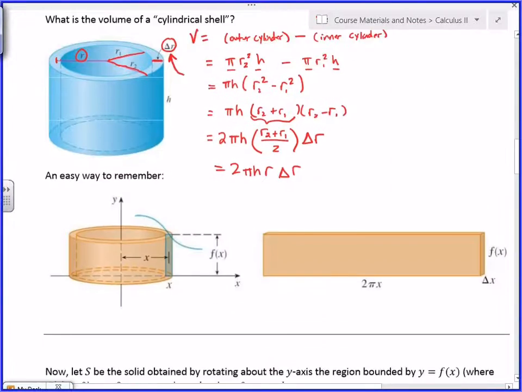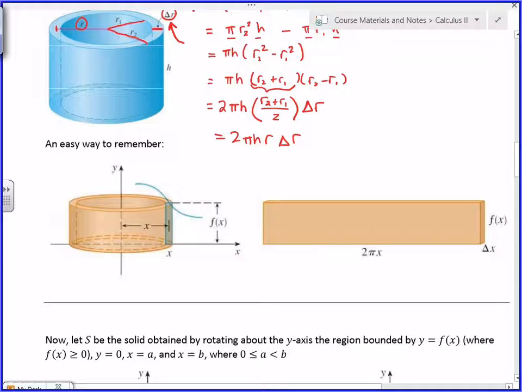Notice in practice what that means is the width here is now going to be a delta x, right? Because we've broken up the x-axis into these pieces, and then the height is right here. It's the function height. So instead of having 2 pi h r delta r, we've now got 2 pi, the height is f of x, the r is the actual distance x.